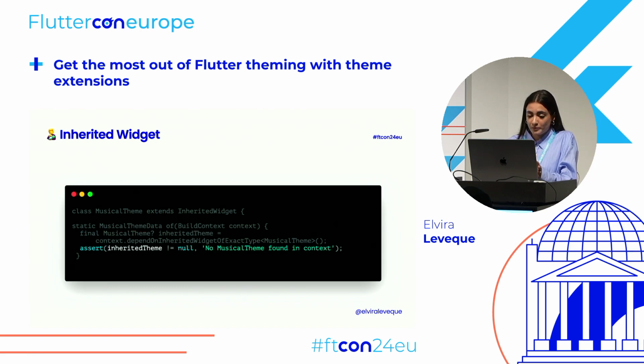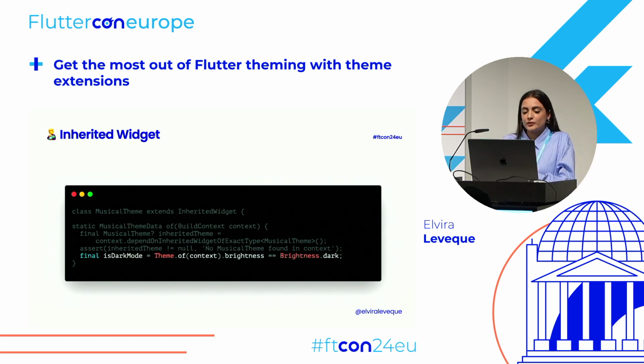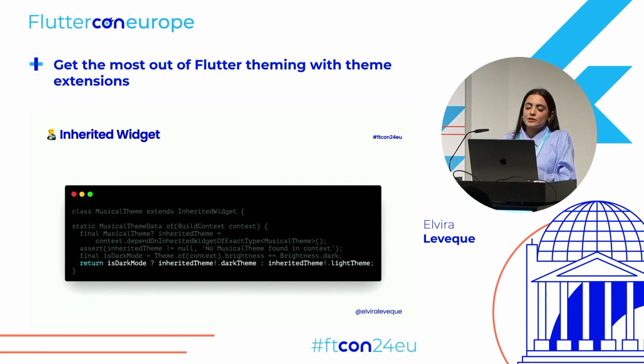And you also want to make sure that one actually exists up in the tree. Then you check for your theme mode, and this will be the one and only place where we are doing this check, so we won't need to do it later on. And then you return the theme based on this last check.